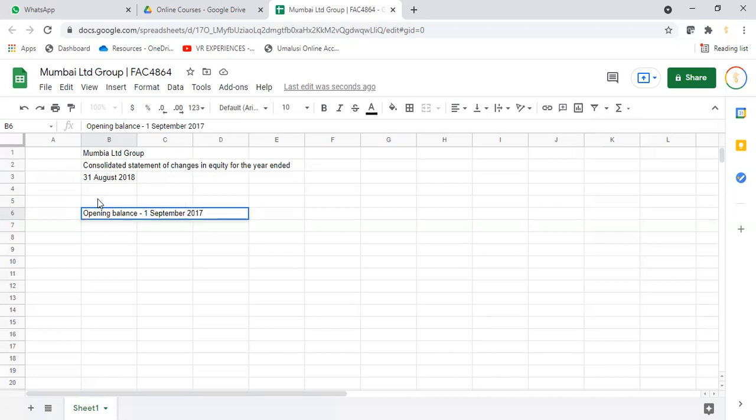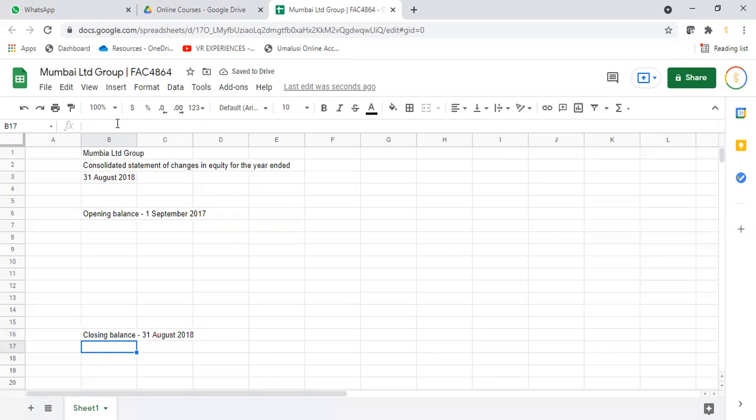I'm just putting the date for our purposes, to the closing balance, 31 August 2018.